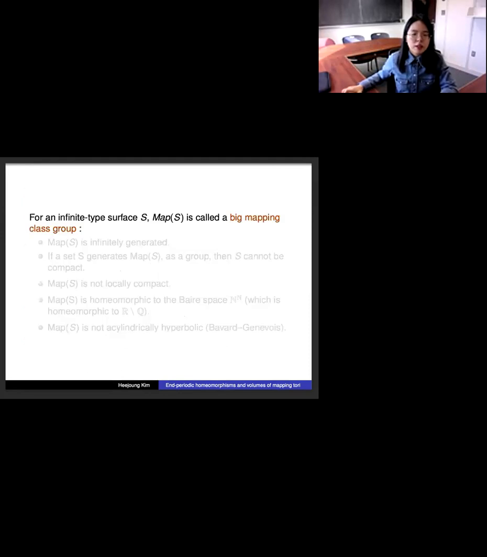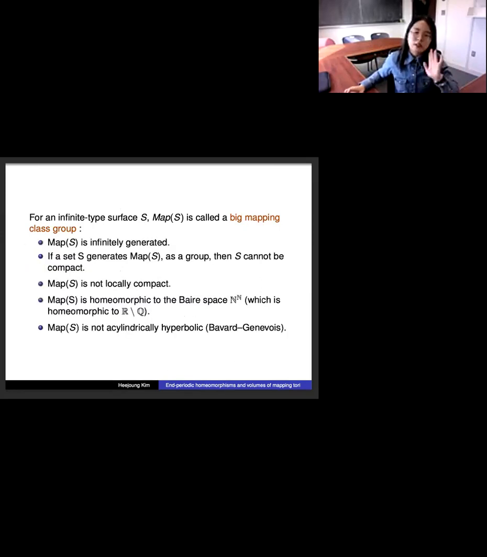Now, for an infinite type surface S, we usually call the mapping class group a big mapping class group. Here are some reasons. Map S is infinitely generated. And if a set generates Map S as a group, then the set cannot be compact.